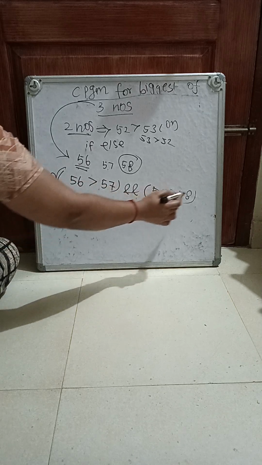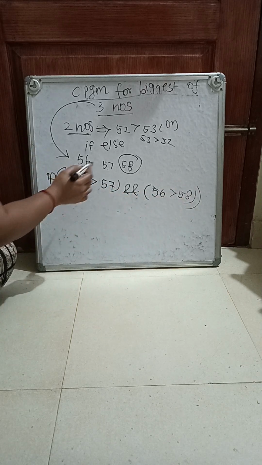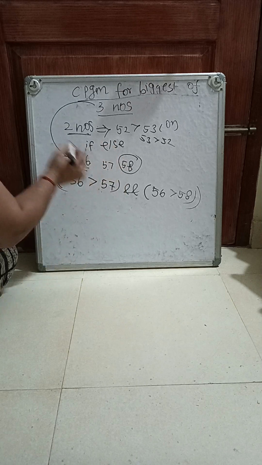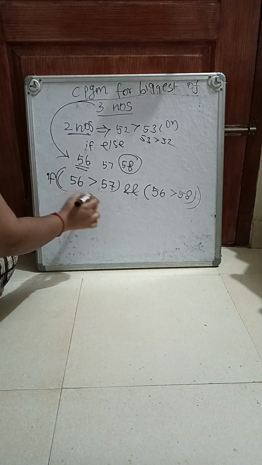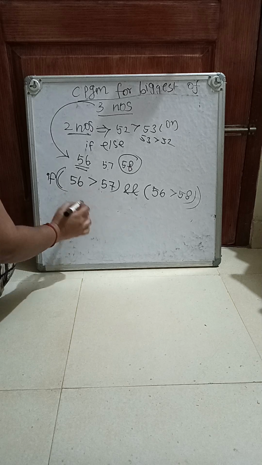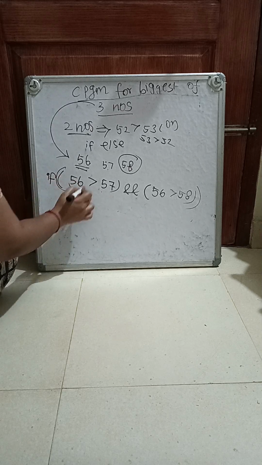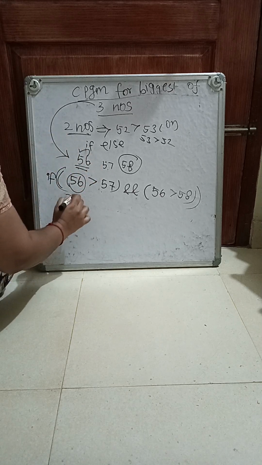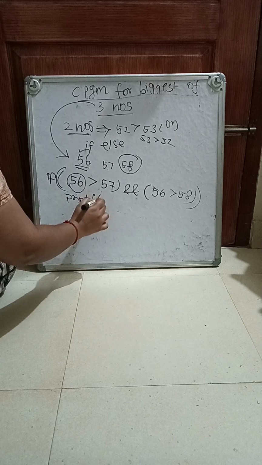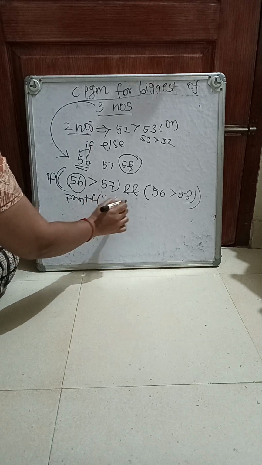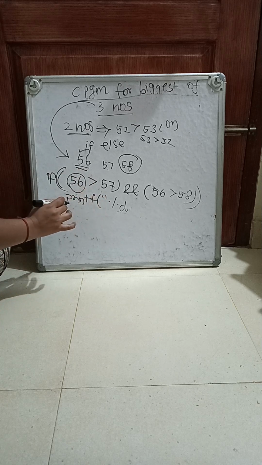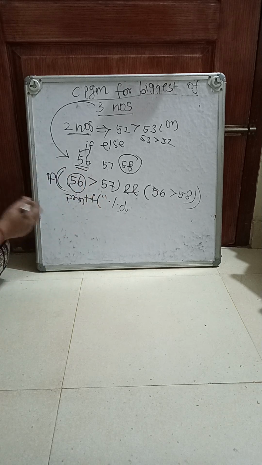If both 56 is greater than 57 and also it is greater than 58, then I will say that the biggest number is 56. First I will find it for 56. So here I will add a printf statement and print %d is the biggest number, that is 56.